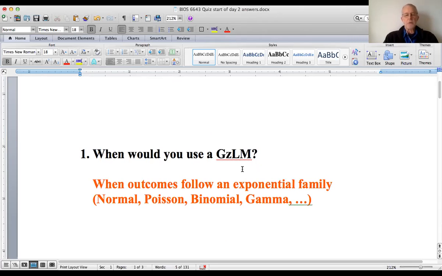Most common ones are normal, Poisson, binomial, and gamma. Negative binomial, I guess we'll see, generalized gamma. So there's a few others, but this really is the set of things. So skewed positive distributions are well handled by this. Count distributions are typically well handled by this, but it is a specific kind of non-normal distribution, okay?